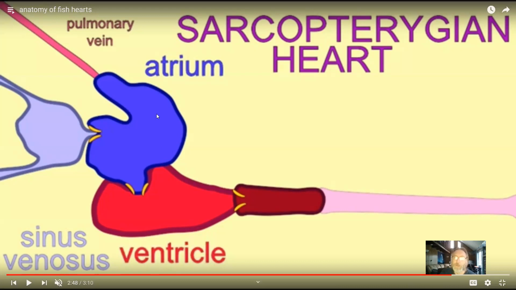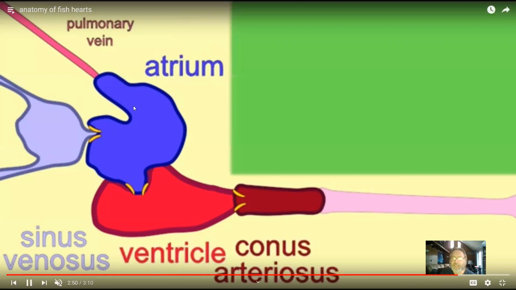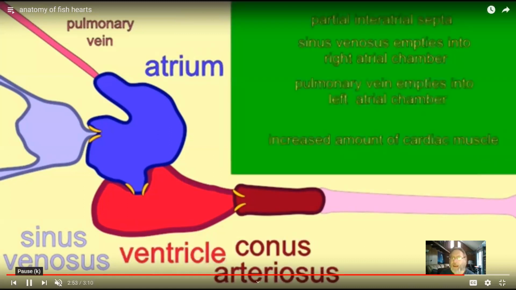So when we look at the sarcopterygian heart, while they have one single atrium, it is partially split. There is the beginning of a separation between the left half, which is collecting the oxygenated blood, and the right half, which is collecting the deoxygenated blood. Amphibians will then split this and have two atria. So there is a partial interatrial septum showing a transition between other fish hearts and those of the amphibians.